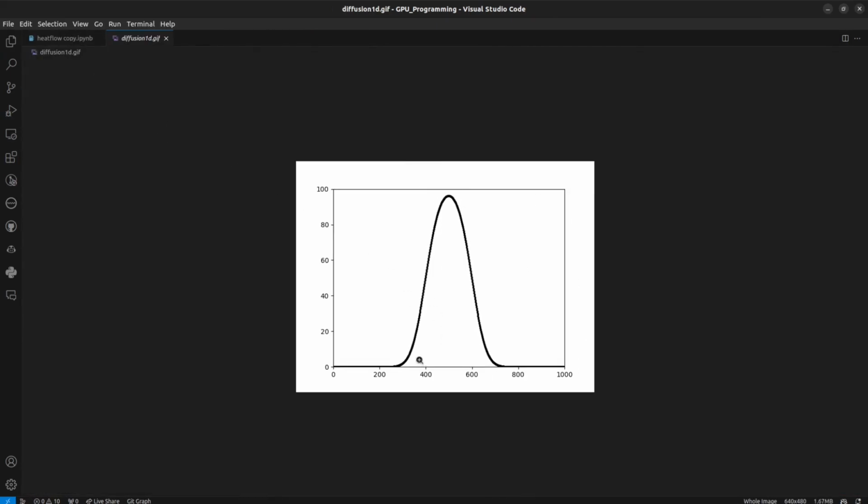As you can see, at the beginning it's this rectangular shape, and it smooths out over time, and if we wait long enough, it's going to be 0 everywhere. But let's have a look if we computed our left and right boundary condition correctly.